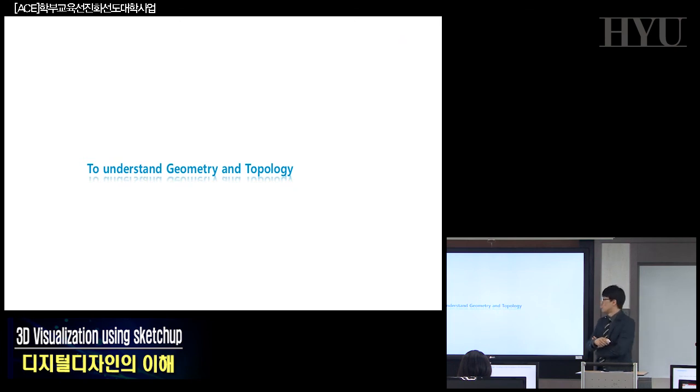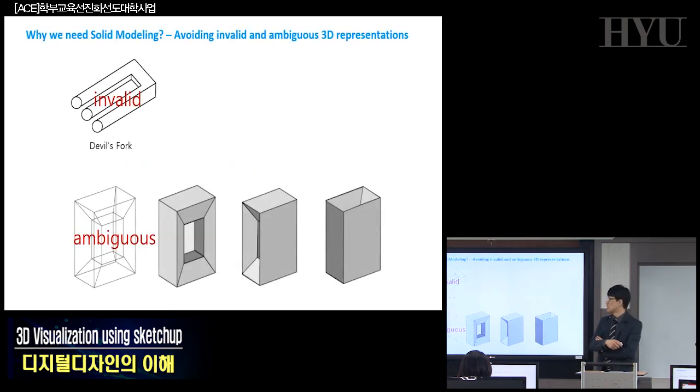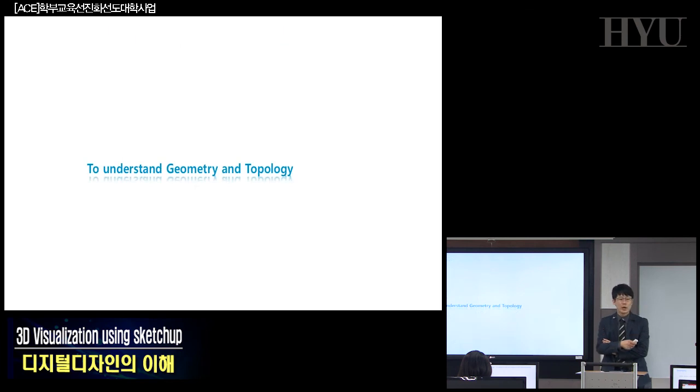For figuring out the issue, we need some definitions, a mathematically well-defined object compared to an ill-defined object. Something invalid, something ambiguous, we have to resolve this problem so that you can get a well-defined 3D model, okay?